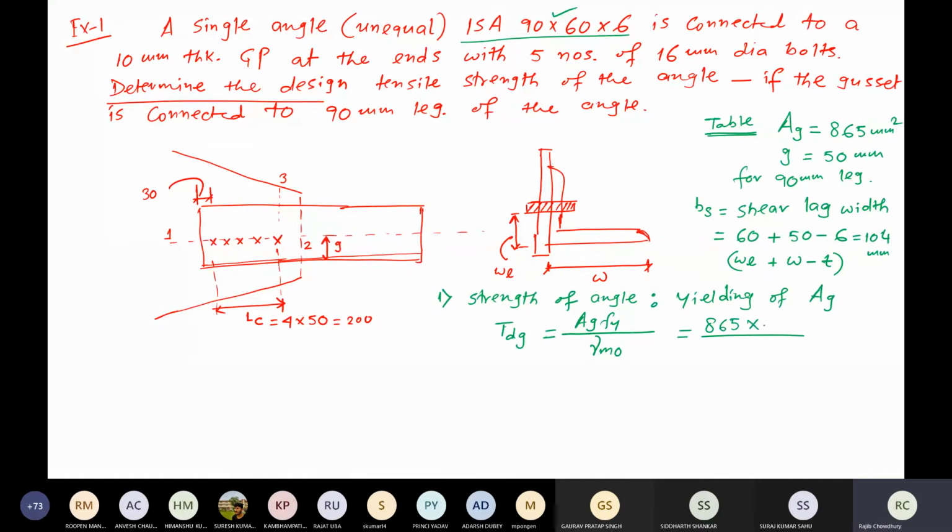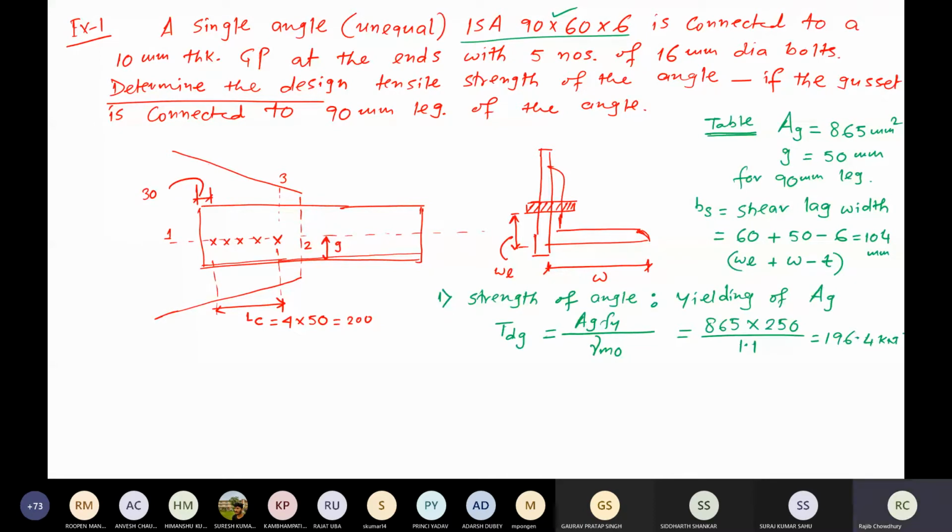How much is your fy? Unless specified otherwise, we are going to consider 250. Okay, E250 is the material that has been utilized, divided by gamma m0, which is 1.1. So from here, after doing all such calculations, we will be getting 196.4 kilonewton. Okay.